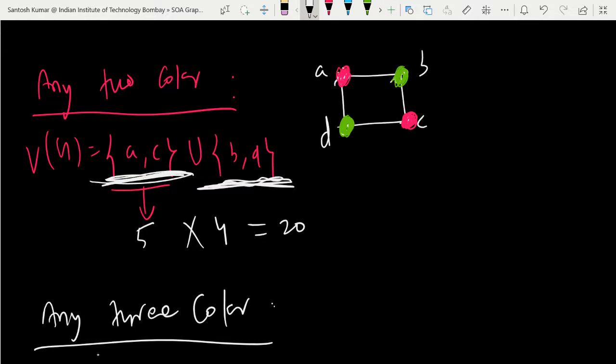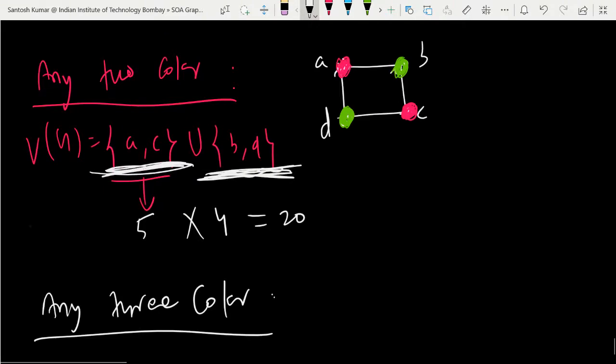Now one color you will use at A and C. For BD, how many choices are left for you? There were 5 colors. One you used, and A and B are adjacent vertices, so you have to use different colors. So for BD, how many choices do you have left? 4 choices. Simple.